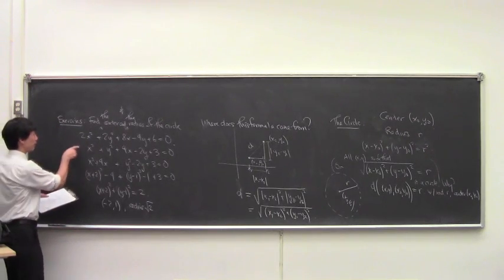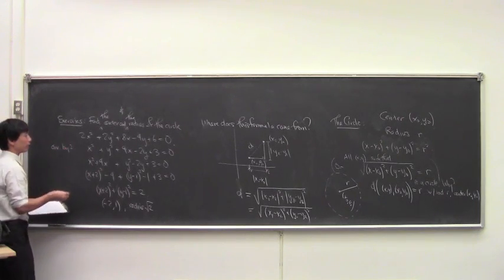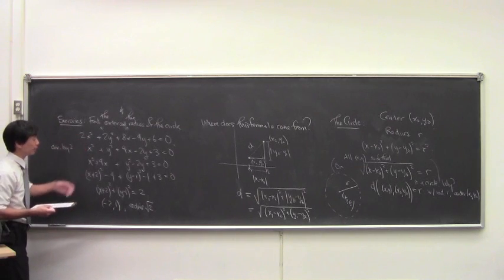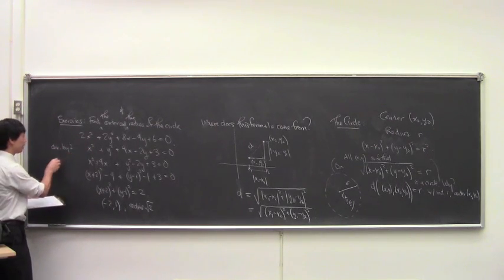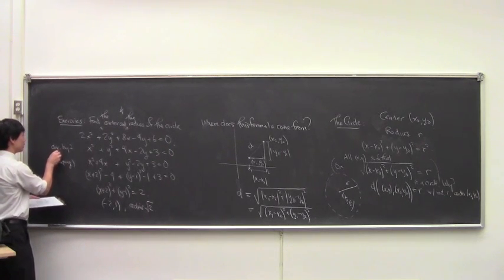Any questions? Right, so here we just divided by 2. As long as we don't multiply by 0 on both sides, that's okay. This is just grouping, nothing happened. So dividing by 2 doesn't change the solution set.